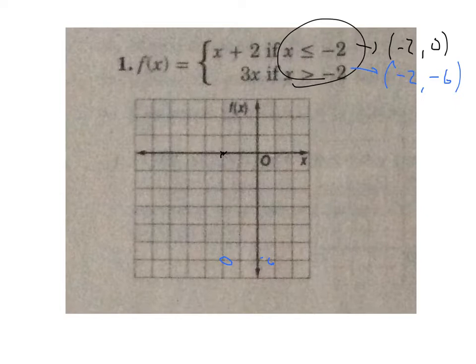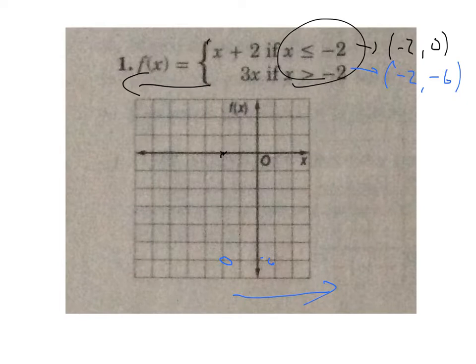Okay? Now I've got to talk about what's going to go on for things bigger than negative 2 and what's going to go on for things smaller than negative 2. For things that are smaller than negative 2, and by things I mean x coordinates, we're going to use the first rule. So I'm going to continue plotting to the left of the black dot using the equation y equals x plus 2.